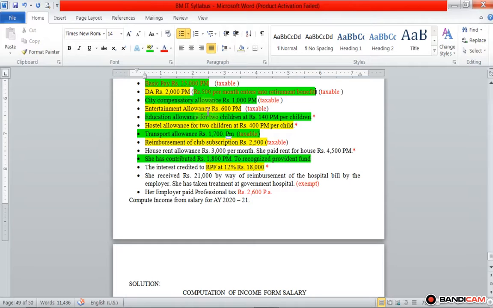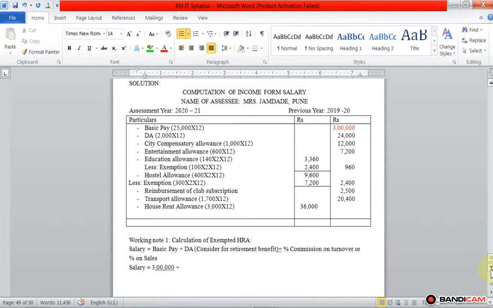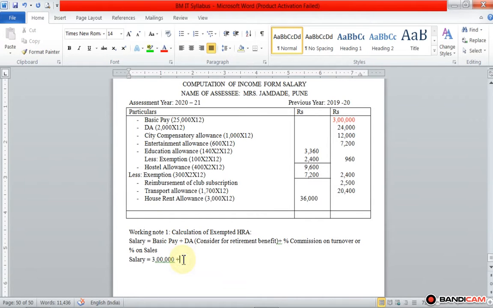So 500 multiplied by 12 equals 6,000, plus percentage of commission on sales, which is not given, so it is nil.